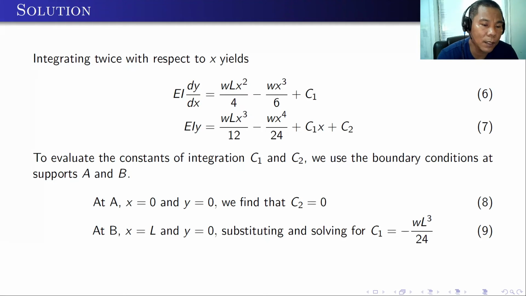Another boundary is at support B. If x is equal to the total span, that is L, and y is equal to 0, we can substitute again this boundary condition at equation 7. And solving for C1 will result to minus WL cube over 24.